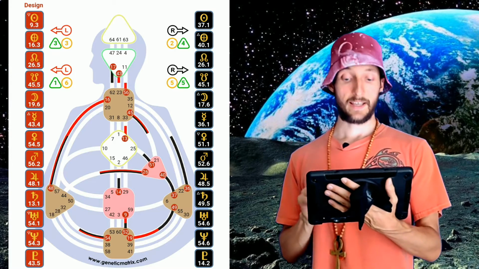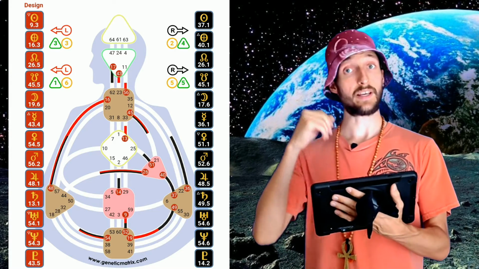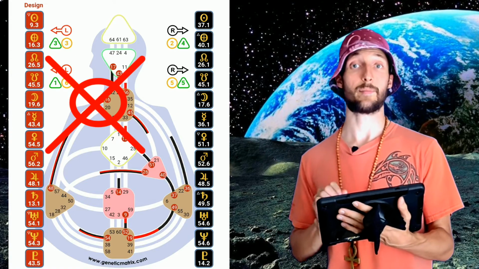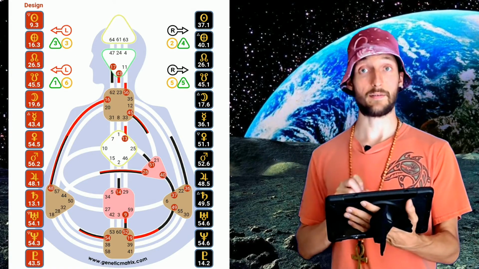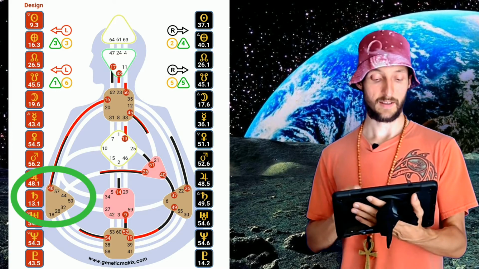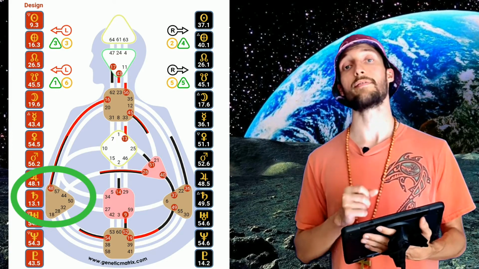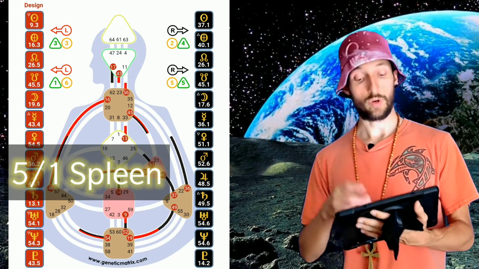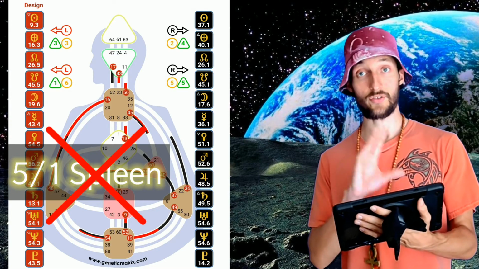And so when we're looking at that 16.3 on the other side, let me not get ahead of myself. Back to that 48 in the spleen. This is a 5-1. I want to talk about what a 5-1 is. Because very often, we're not talking about just a certain activation in a certain center and how it lines up.